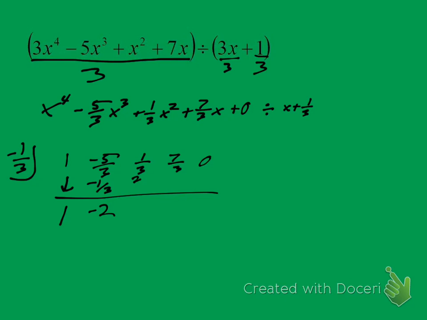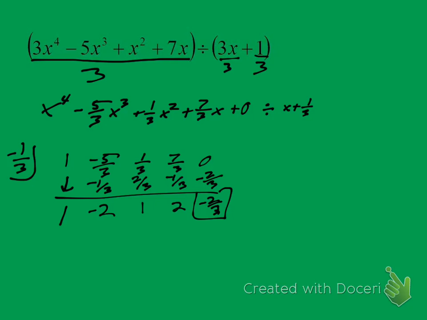Okay. What's 2/3 plus 1/3? 1. What's 1 times negative 1/3? Negative 1/3. What's 7/3 minus 1/3? 2. It's 2 times negative 1/3, sorry, too fast. Negative 2/3. Add 0. Negative 2/3 is your remainder.